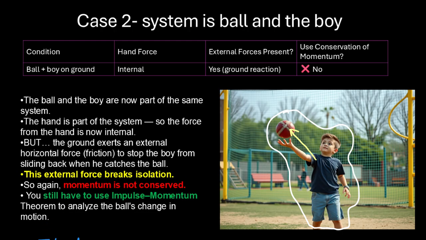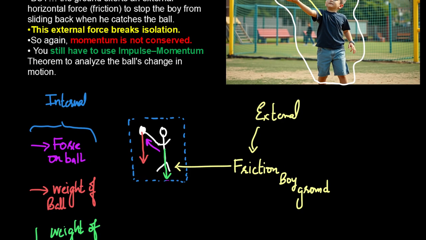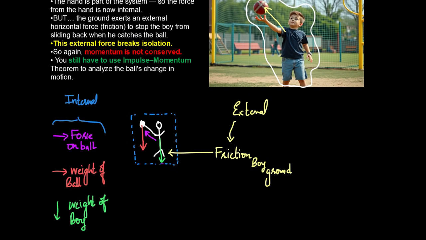So it would be better if you could just go through one diagram here. So if you consider the ball and the boy here, this arrow here represents the weight of the ball, the force acting on the ball due to the man's hand, and we have the weight of the boy acting downwards. All these forces are internal.